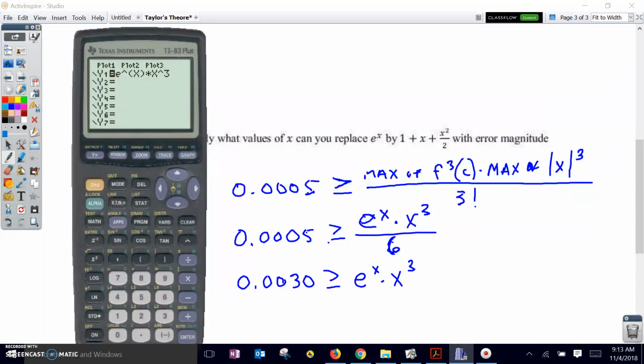We want that error to be less than 0.0030. And so I'm going to set up my window here. Let's put the absolute value back up here in this function.